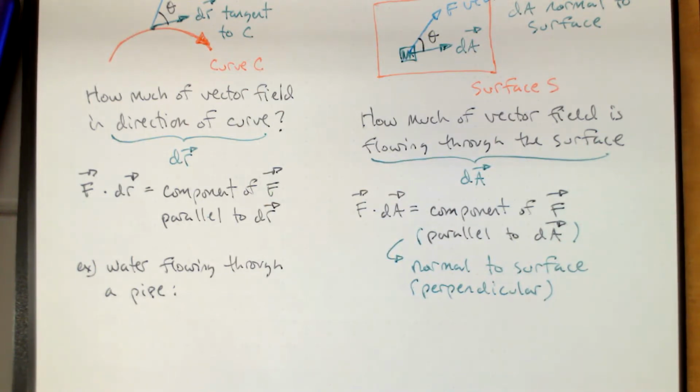We want to simplify this. So let's think about water flowing through a pipe. Let's suppose the vector field is just going in one direction, and let's run it into something perpendicular to that vector field.